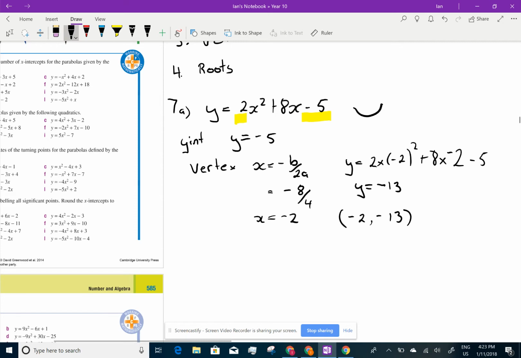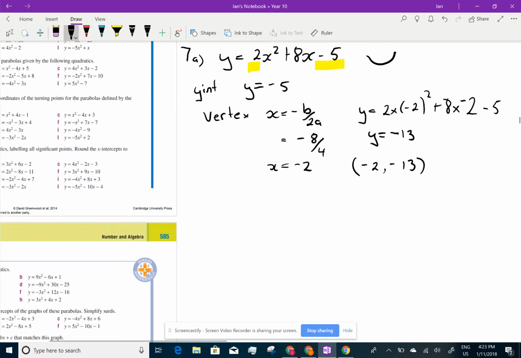And we are now going to find the roots. We know there are roots because it's a positive parabola and the vertex goes down to negative 13. So we'll let y equals 0, and we get 0 equals 2x squared plus 8x minus 5.